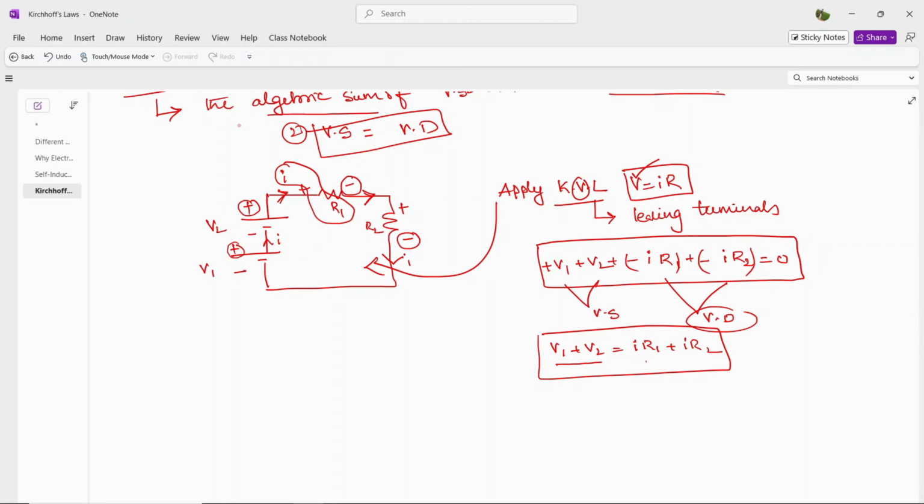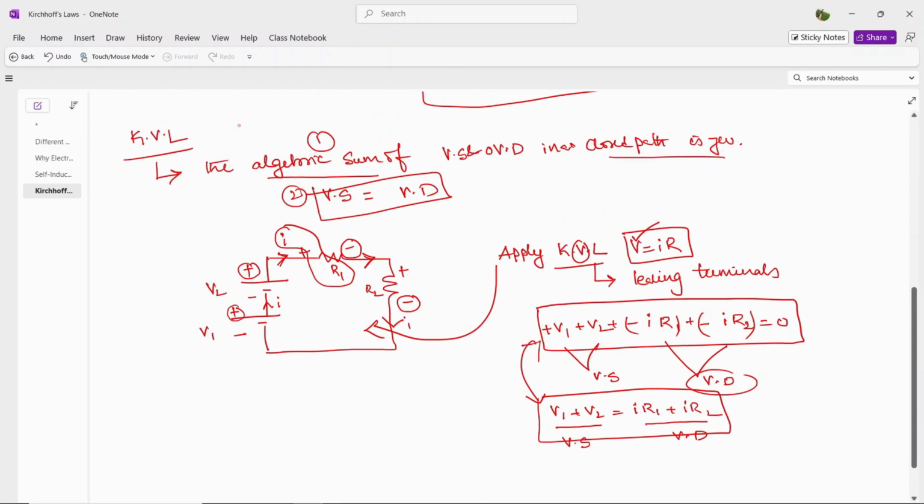What are the drops? I R1, I R2 are the voltage drops. You can see both are the same. Just for your convenience, it is explained as the algebraic sum of voltage sources and voltage drops in a closed path is 0, or voltage sources equal voltage drops in a closed path. This is all about Kirchhoff's voltage law.